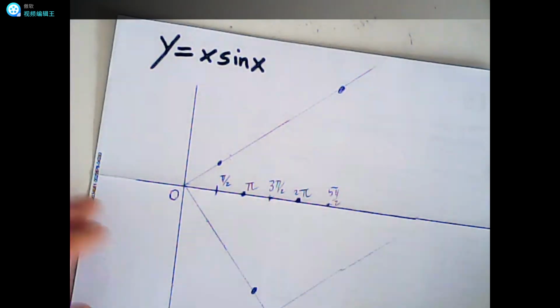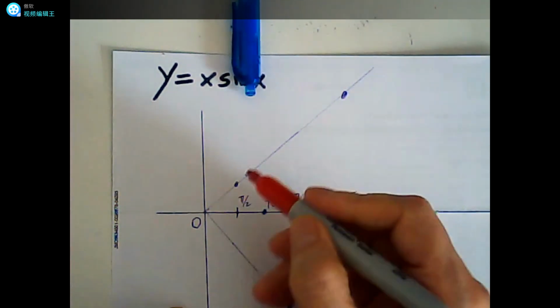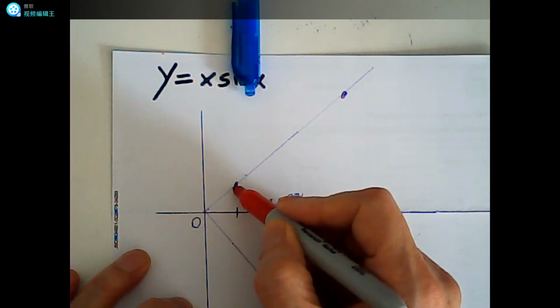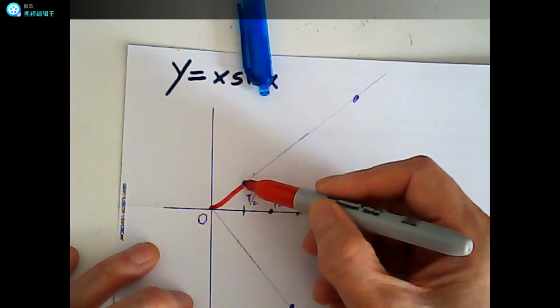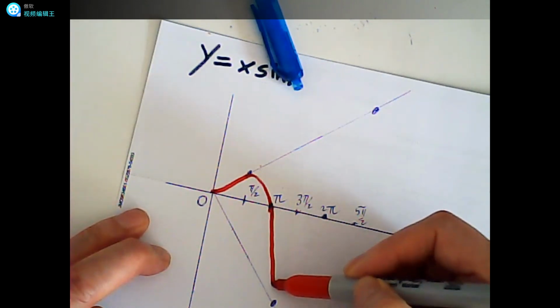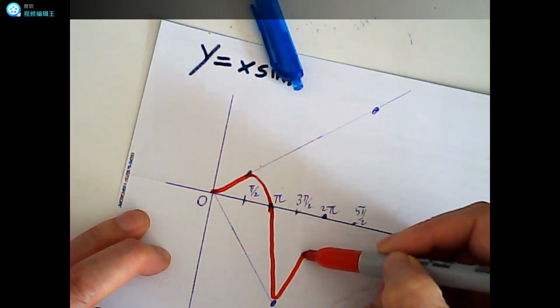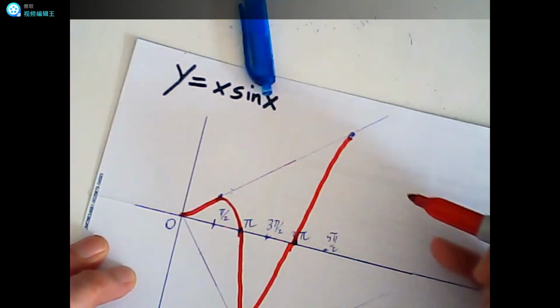And so on. So we can sketch the curve more or less like this. Passing through 0 and reaching the maximum, then 0, and maximum.